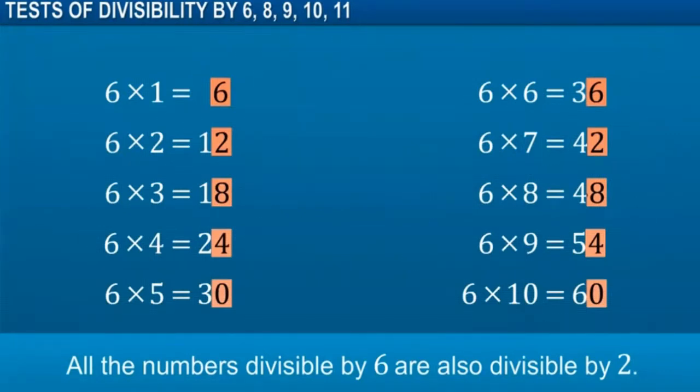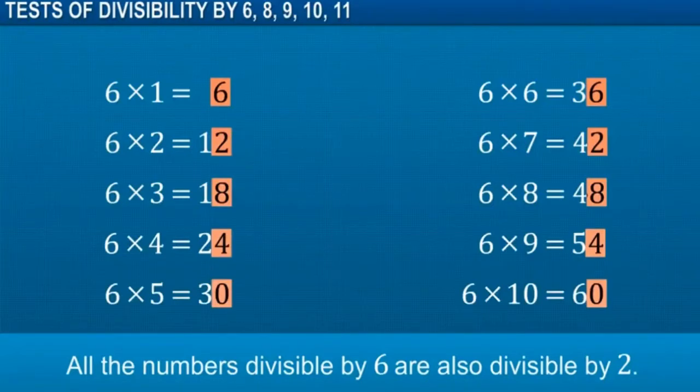Now same way in the case of divisibility of 6 also the last digit should be 0, 2, 4, 6, 8. അതായത് 2ന്റെ divisible numbers 6ന്റെയും divisible numbers ആണെന്ന് പറയാം.